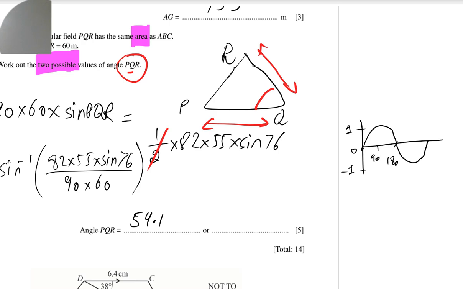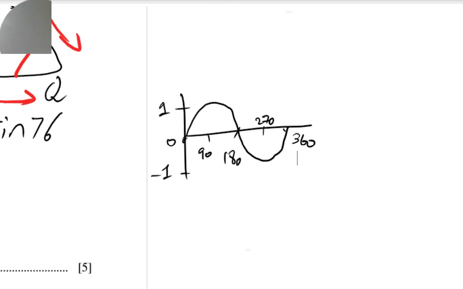This is your 90 degrees, 270 and 360. So 54 degrees would be somewhere before 90, like over here.